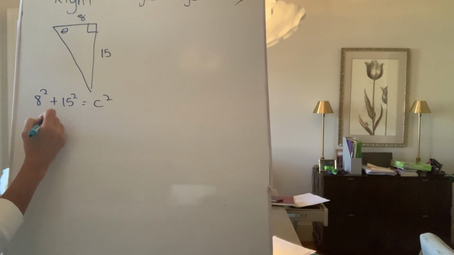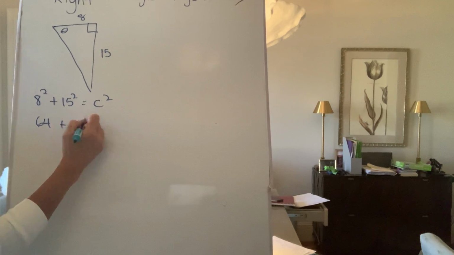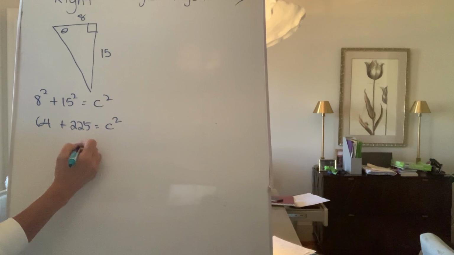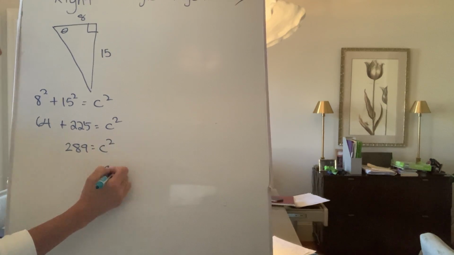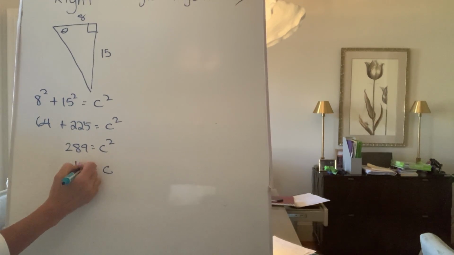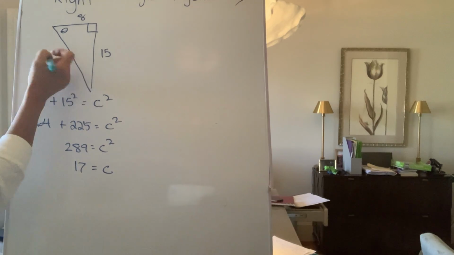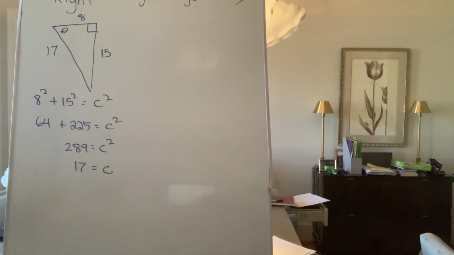So we get 64 plus 225 equals c squared. So we get 289 equals c squared. If we take the square root of that, we get 17. So this is the 8, 15, 17 triangle.